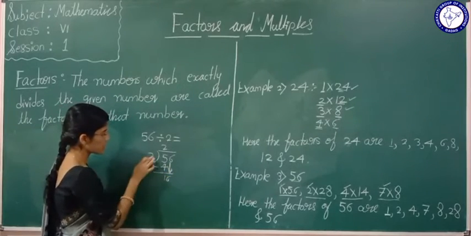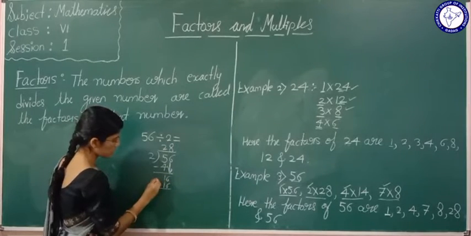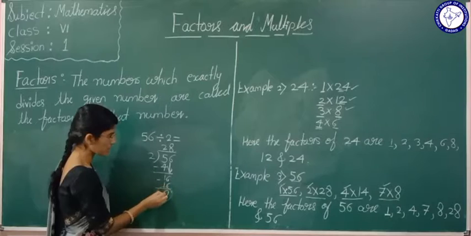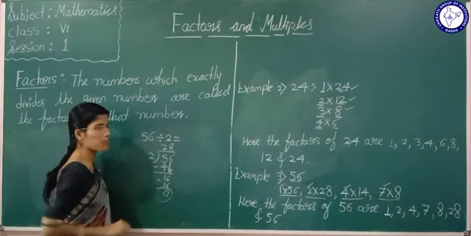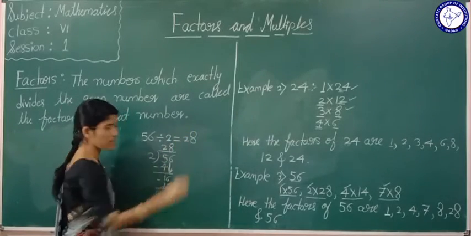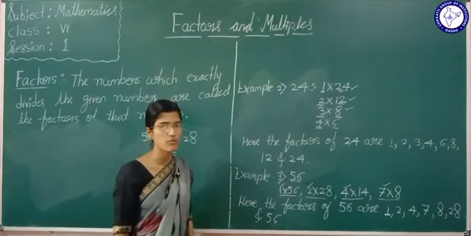Now see here, 2 how much are 16? 2 8s are 16. 16 minus 16 is 0. Here we are getting a remainder 0. Means here 2 is dividing this number completely. So what answer did we get here? 28. Means 2 is also a factor of 56.